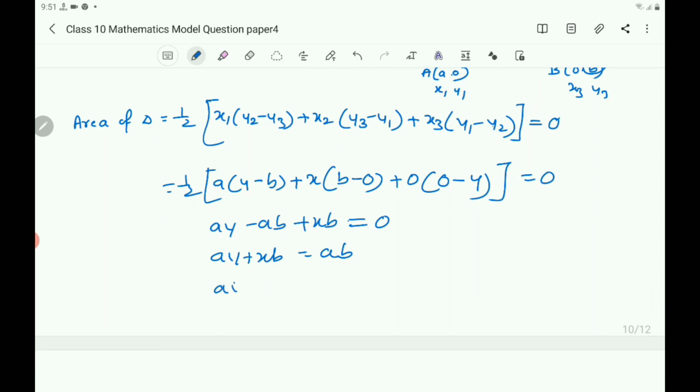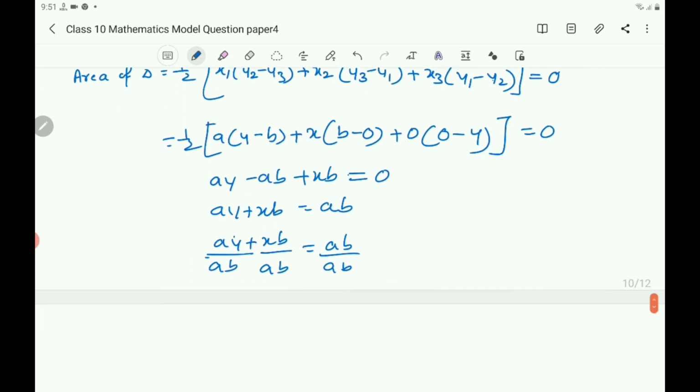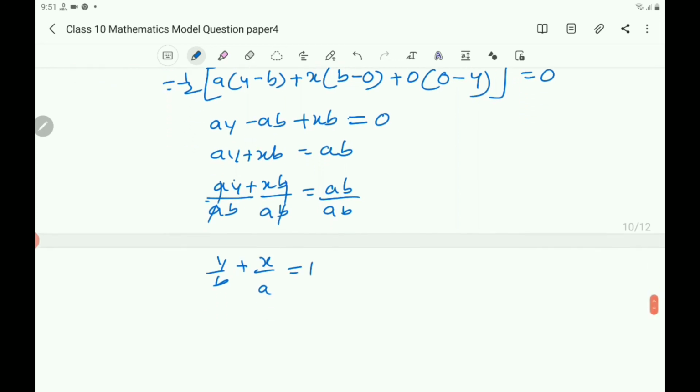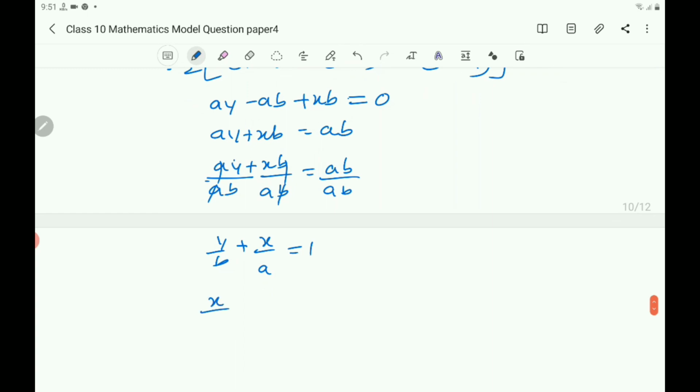So you divide all the terms by ab. Then you will get y by b, a cancels, b cancels, plus x by a equals 1. So you got that x by a plus y by b equals 1.